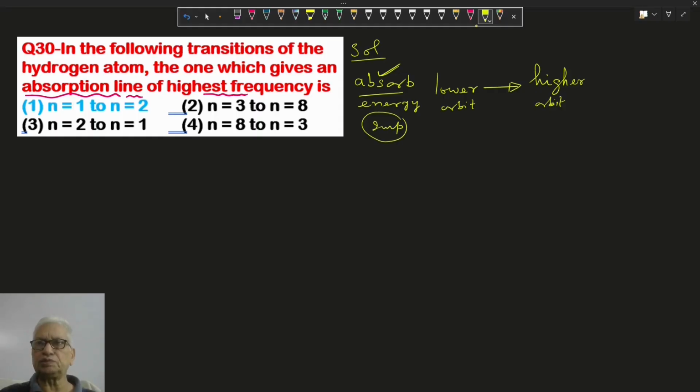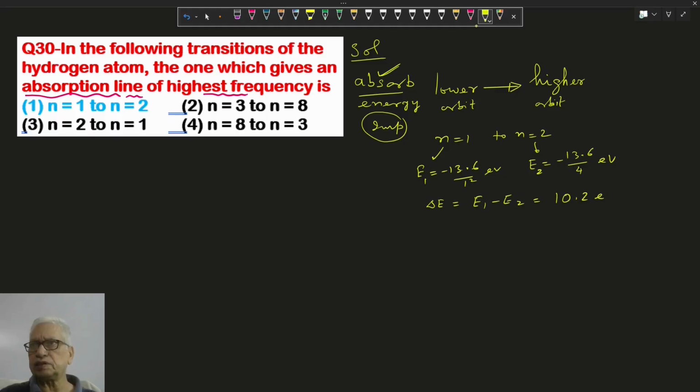And number 2, when it is very close, so n equal to 1 to n equal to 2, the energy given is minus 13.6 upon 1 square electron volt. For n equal to 2 it is minus 13.6 upon 2 square, meaning 4, electron volt, and the difference is maximum in comparison to other cases. So E1 minus E2 comes to 10.2.